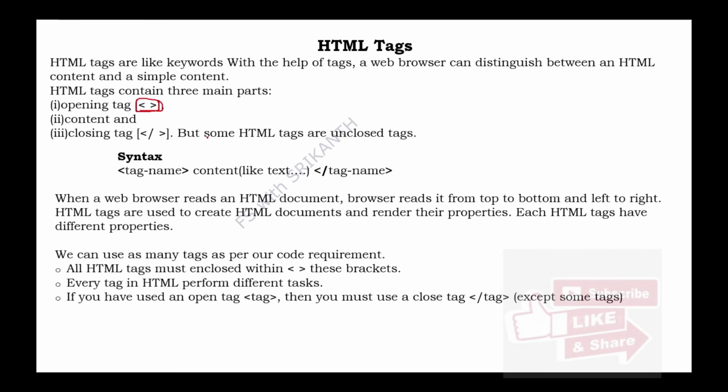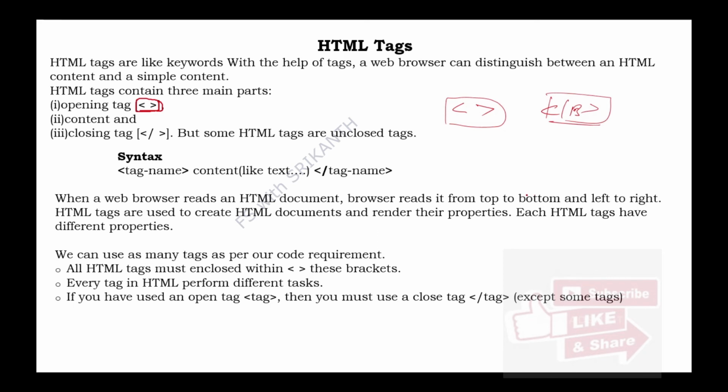So HTML tags have two types, that is singular tags and paired tags. If the tag contains only this one, with no closing tag, then we call it a singular tag.